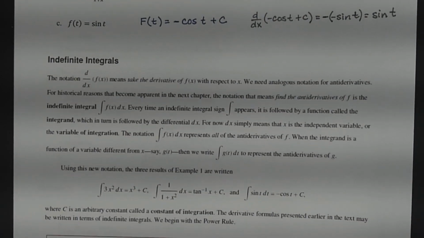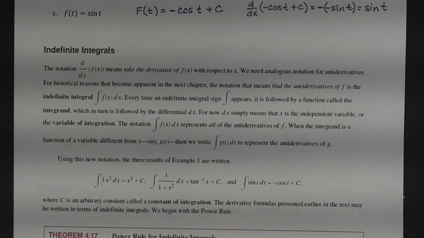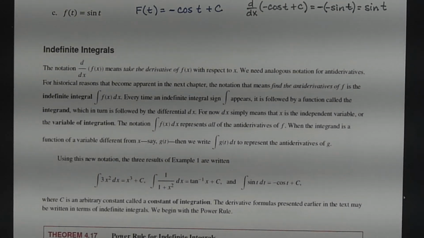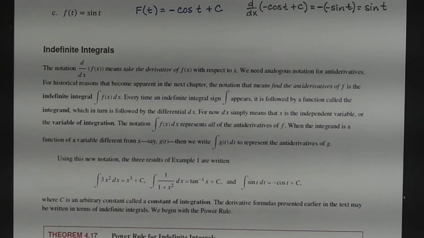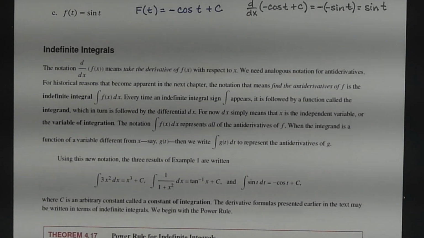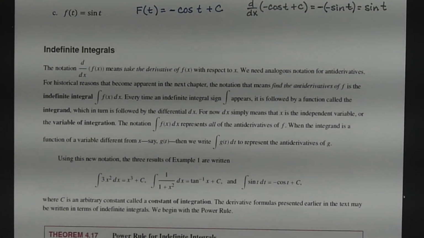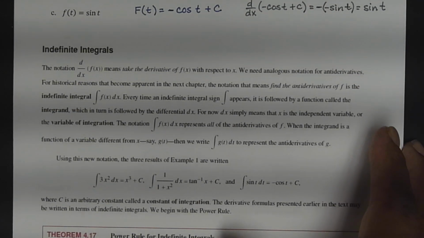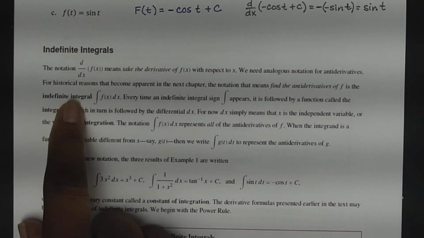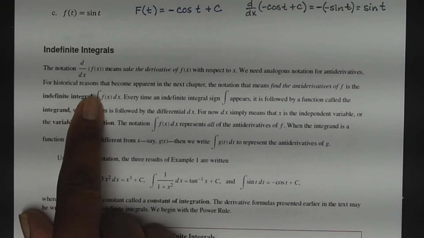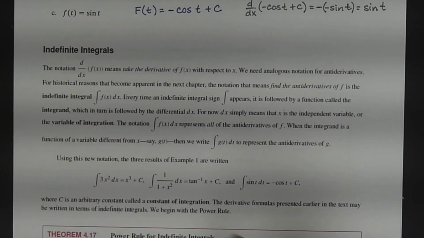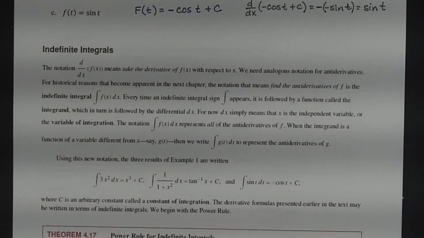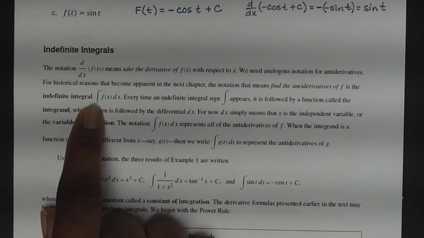All right, now we're going to talk about indefinite integrals here. Now the notation that we use for the derivative with respect to x of f of x, that means you take your derivative of f of x with respect to x. So now we need some notation for the antiderivatives, okay? And here we're going to use what they call the indefinite integral, okay? So the notation that means to find the antiderivatives of f, we use the indefinite integral.